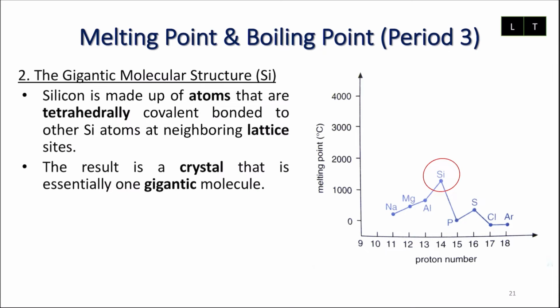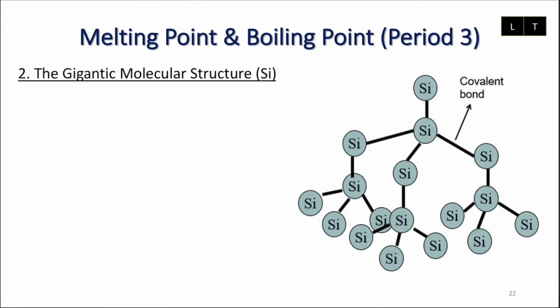So macam mana rupa dia? Rupa dia like this one. So you can see that this one like tetrahedral. You got another tetrahedral shape for silicon atoms, and another one more and another one more. Kalau saya ada banyak, dia akan bersambung-sambung sampailah awak nampak dia ada essentially a gigantic molecular structure of silicon atoms.